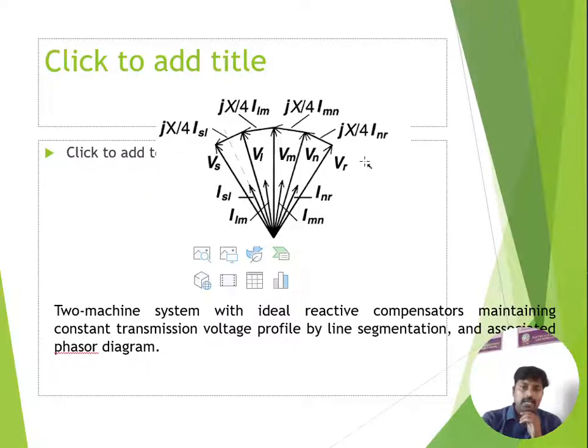Accordingly, the impedances are divided. These are simply voltage drops represented with J, because these are purely inductive in nature. So this is the advantage of midpoint compensation, to improve the active power transfer capability in the transmission line.